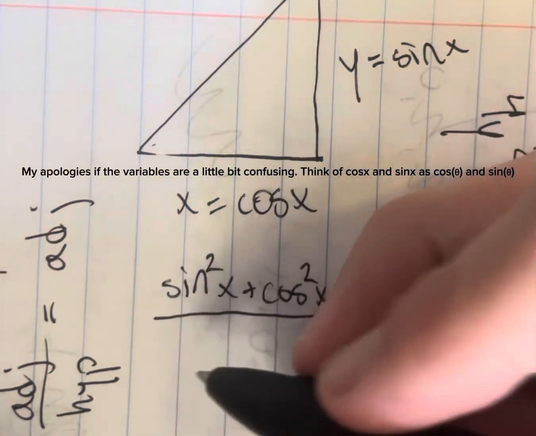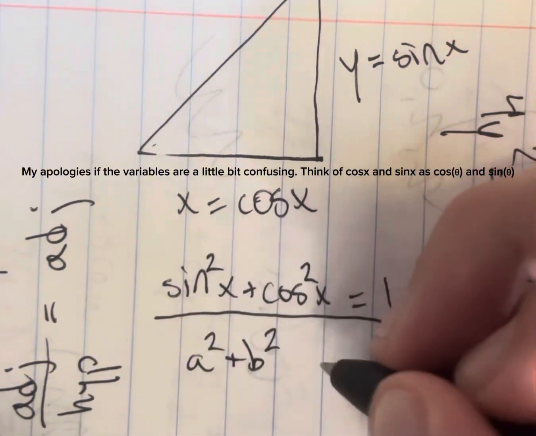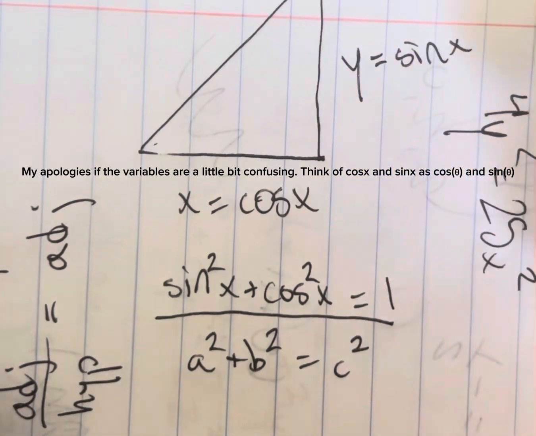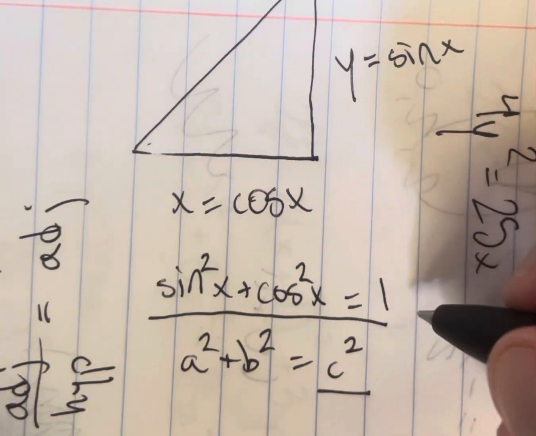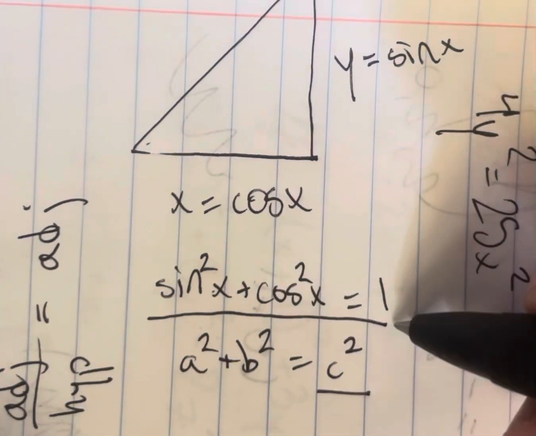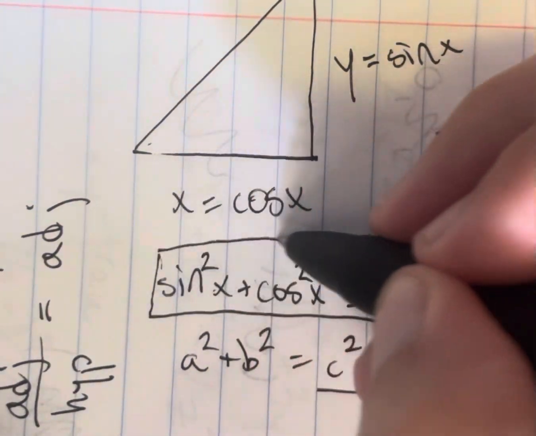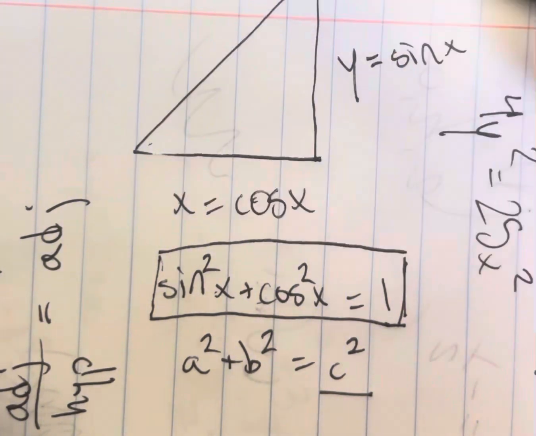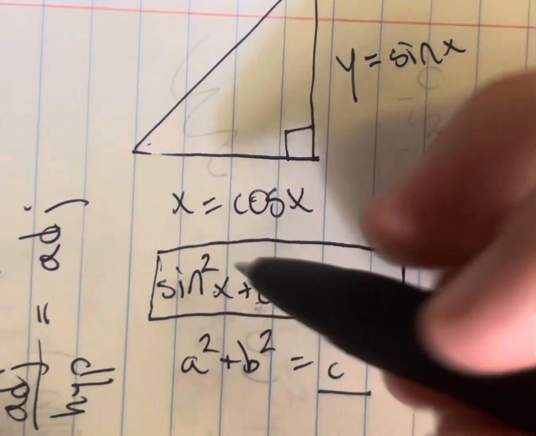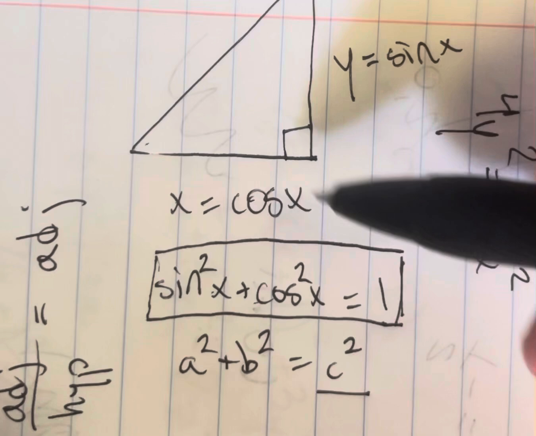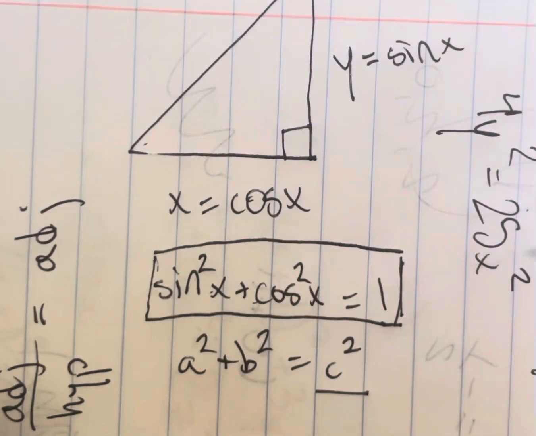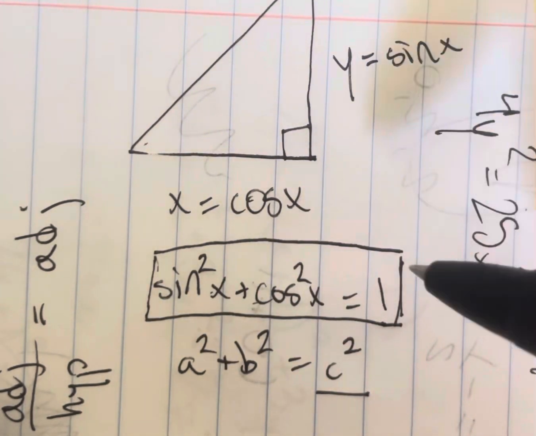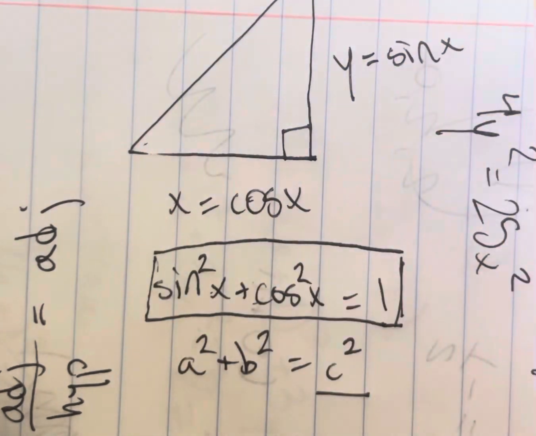This here, a squared plus b squared equals c squared, where c squared is your hypotenuse squared, which equals 1. If this looks familiar, that's because this is a very important trig identity. This is coming from a triangle. One side squared plus the other side squared gives you your hypotenuse squared. And in this case, that's 1. So that's where this trig identity comes from.